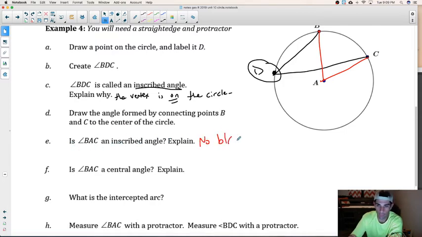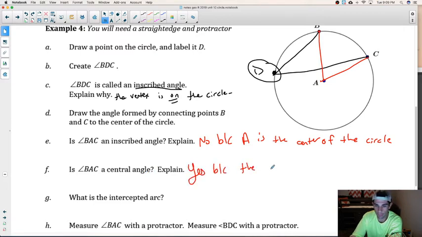No, because A, which is the vertex, is the center. Point A is the center of the circle. And is angle BAC a central angle? Yes, because the vertex A is the center.